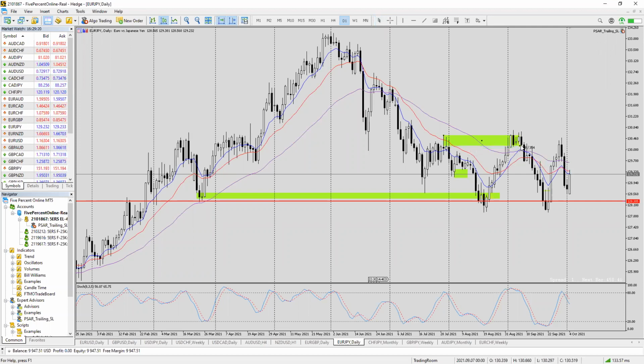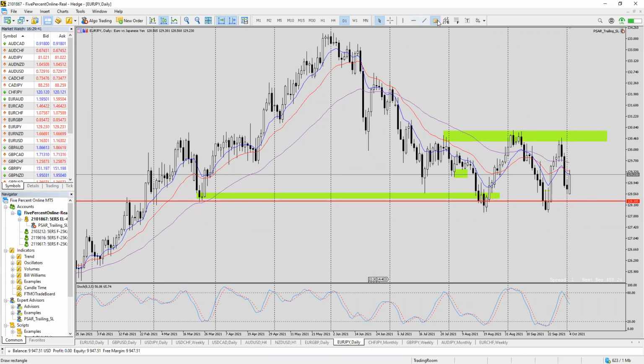The best zone to watch if we want to see a clear decision about where the pair is going is that if it closes above this area of supply, then we have a decision to go up.